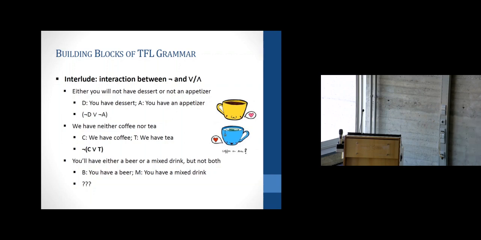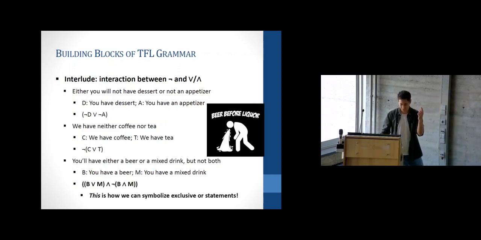So this says it's not true that you will have both a beer and a mixed drink. That's part of the sentence. And then other people want to indicate that there is another part to it.